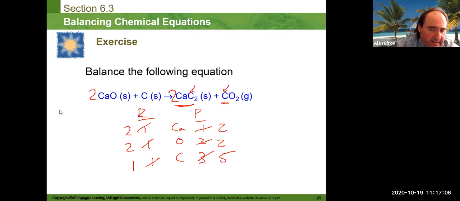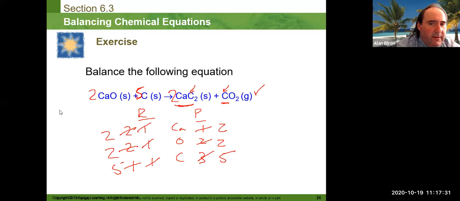This is why we left the carbon for the end. Since carbon was in multiple places on the right-hand side, now we could very easily fix the carbon by putting a 5 in that place. Gives us 2 calciums, 2 oxygens, and 5 carbons, and we would have a balanced equation.